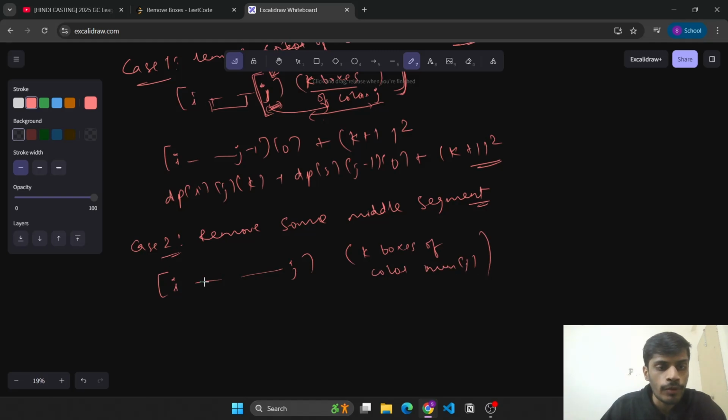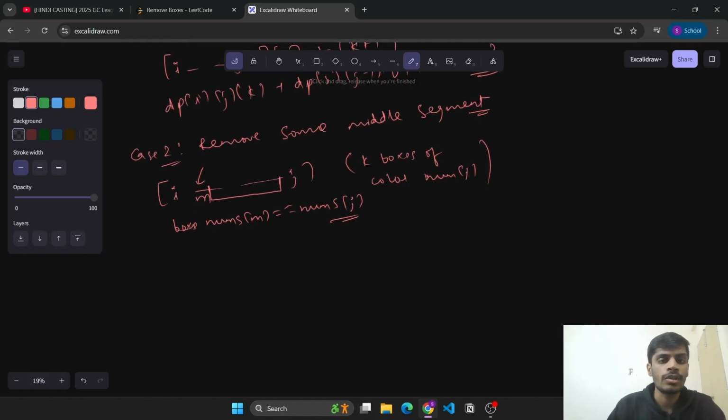we remove the portion in such a way that if we find an index m where nums of m is the same as nums of j, then we need to remove in such a manner that we will be able to merge this box with the same color as previously.